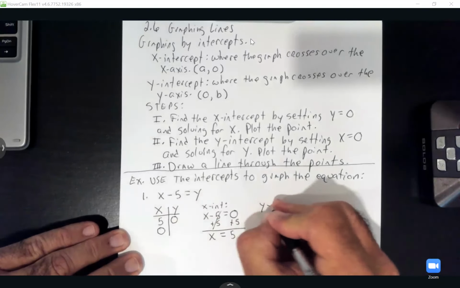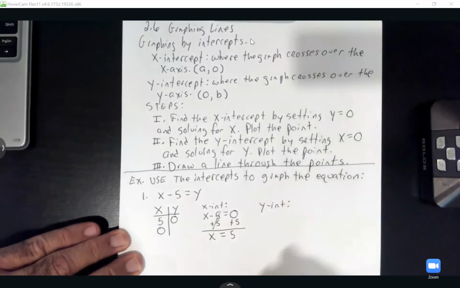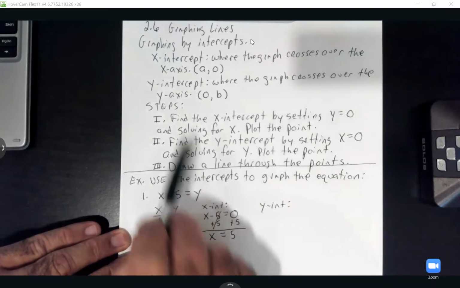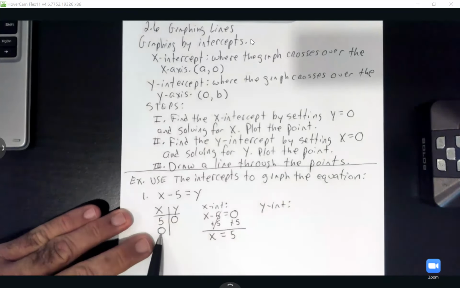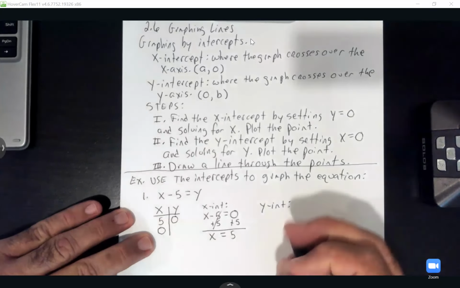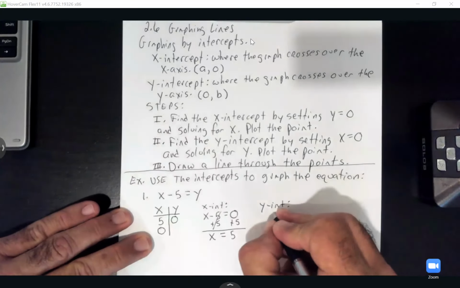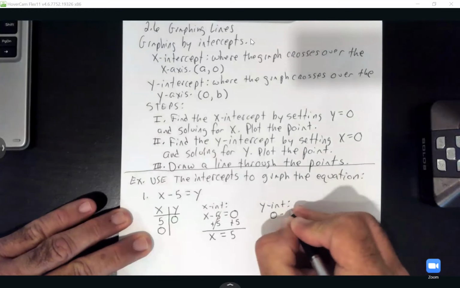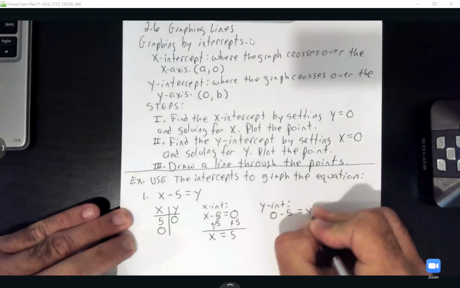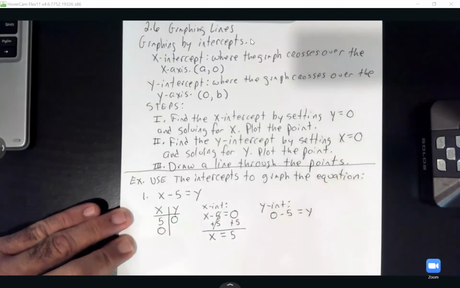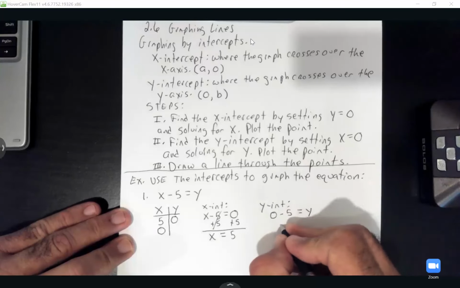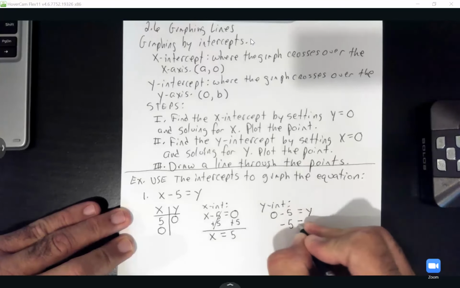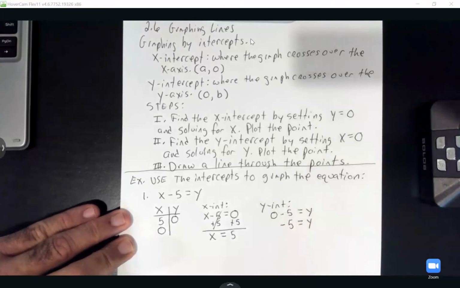So then I need to come in and get that y-intercept. So remember, we said to get the y-intercept, we set the x equal to 0, which is what we got on our point. So if I set x equal to 0, I'm going to have 0 minus 5 equals my y. All I got to do on the left side is figure out what 0 minus 5 is. 0 minus 5 gives me a -5 equal to my y.